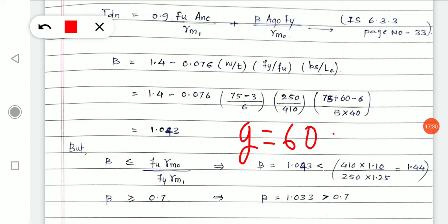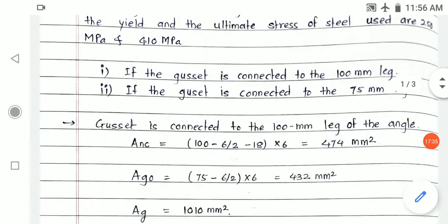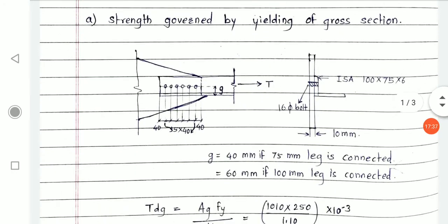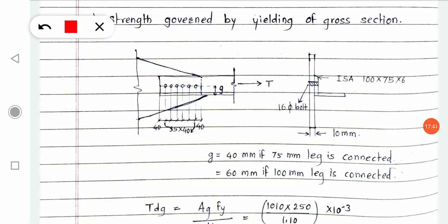What is this G distance that I have mentioned? I will show you. Yes, see here. This G distance is telling us what height you have connected your bolt from the bottom leg or outstanding leg of your angle. G tells us that if you are connecting a 75 mm leg, then G will be 40 mm.